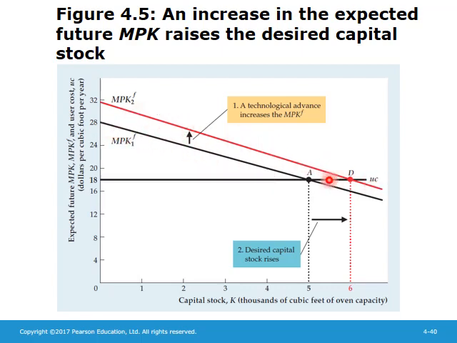Shifting the whole curve upwards will result in, of course, if we look at the initial point A, we find that the benefit, or the marginal product of capital, is higher than the cost.